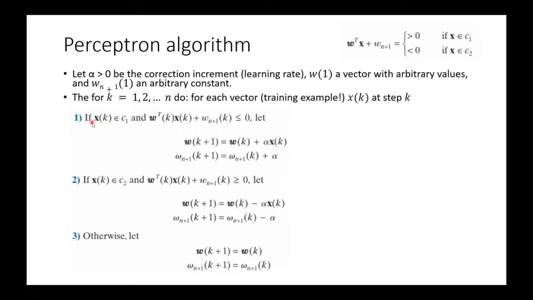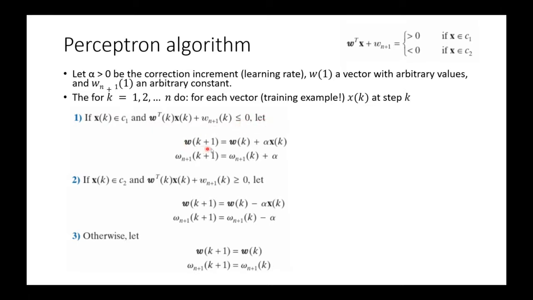So let's assume that we have one example, this xk, a feature vector, and as in supervised learning, we know that it belongs to the class C1. If it belongs to C1, it should be greater than 0. But when I apply the equation, it is less than 0.